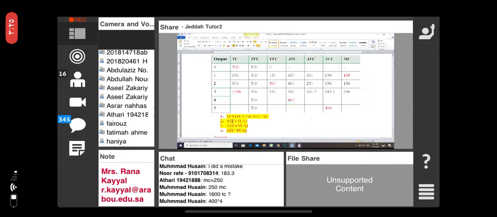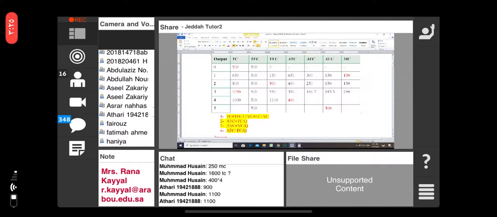Correct, because average total cost equals total cost divided by 4. So to get it I multiply by 4, which is 1,600. And my variable cost will be? Adari, make sure that you have good calculation.